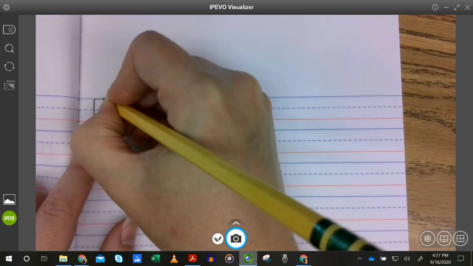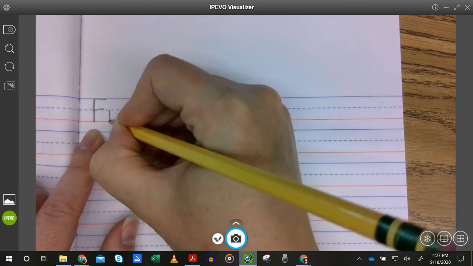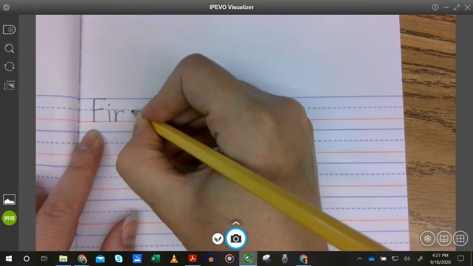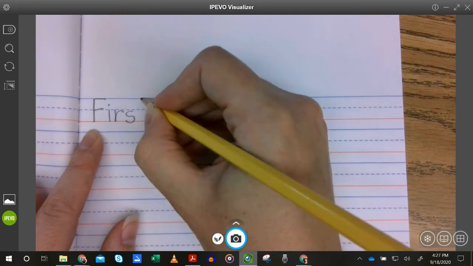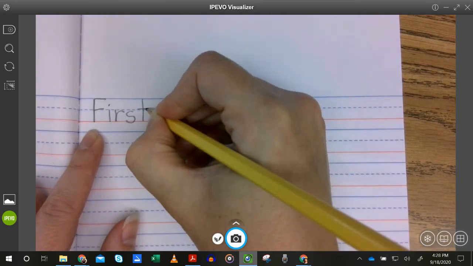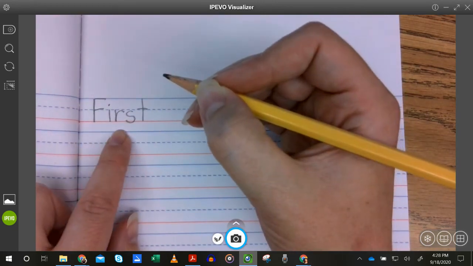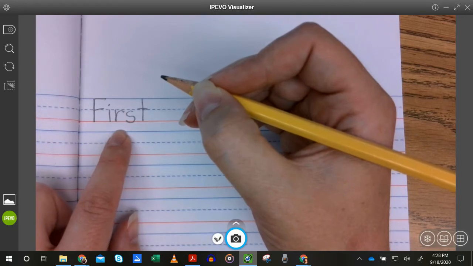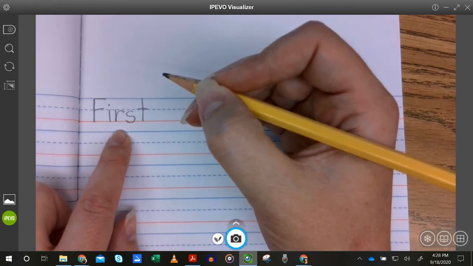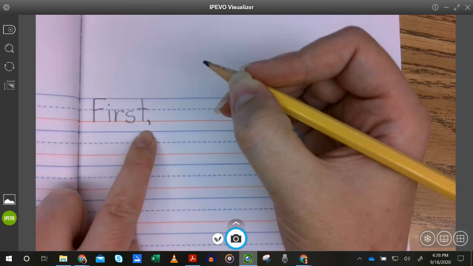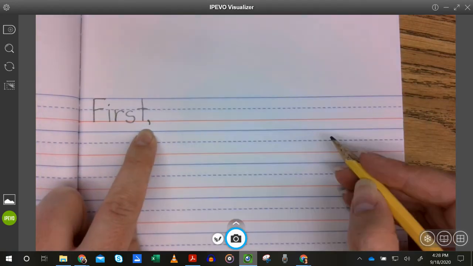I'm going to do a capital F, lowercase I, R, S, T. Then because that is just telling the order and is not actually the information we need to share in the sentence, I'm going to put a comma here, which is like a period with a little tail. And that's saying we're taking a little breath, a little break before we share our main idea.